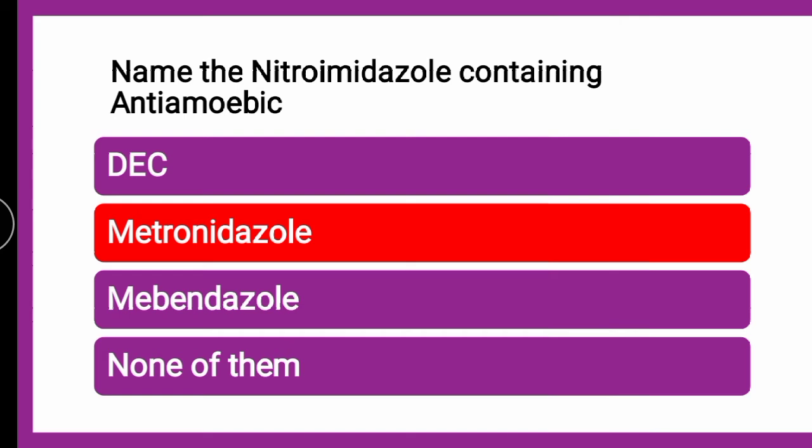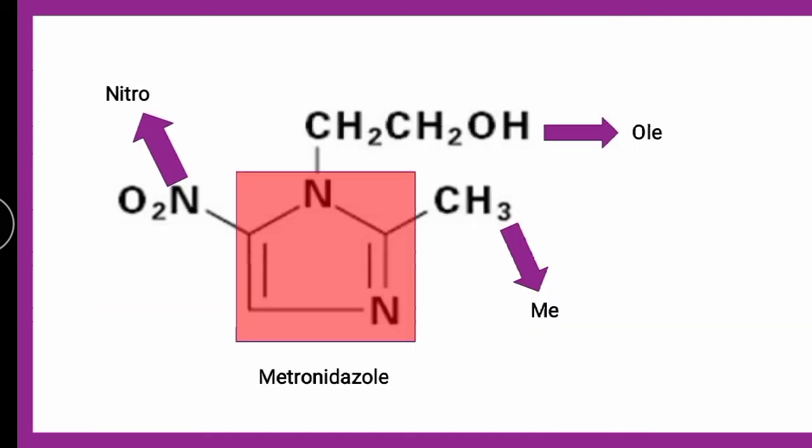Metronidazole is nothing but from the nitroimidazole class. How is it? If you look into the structure of metronidazole, Me stands for methyl. Metroni, it is nitro. Dazo means 2 nitrogen containing, and ole is 5 membered unsaturated.